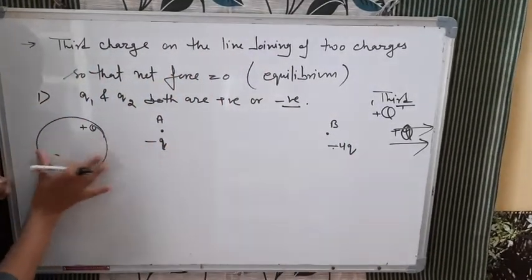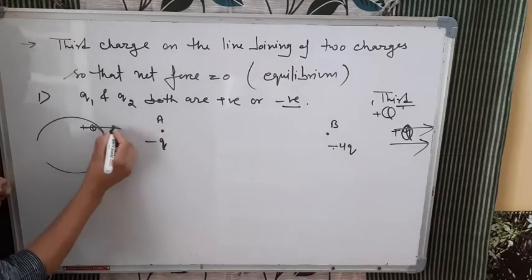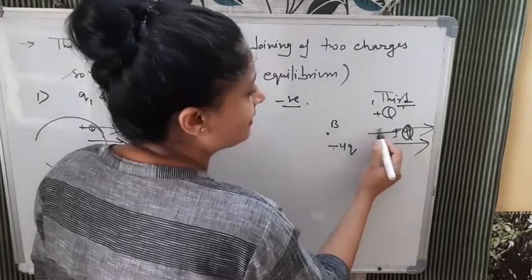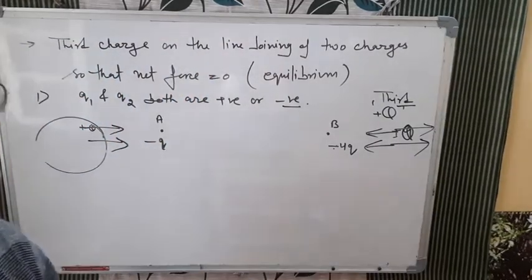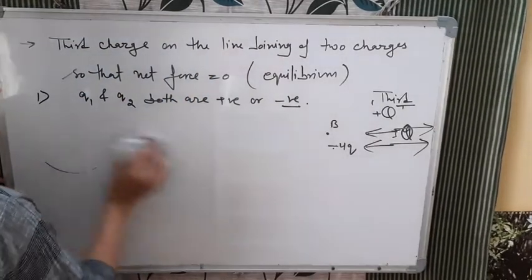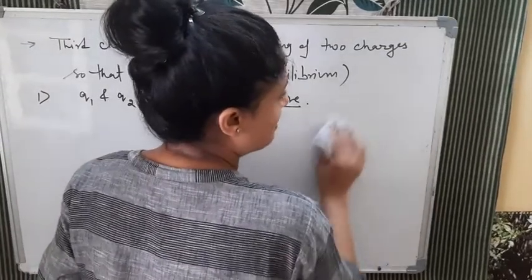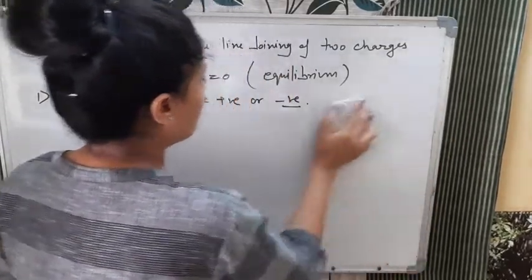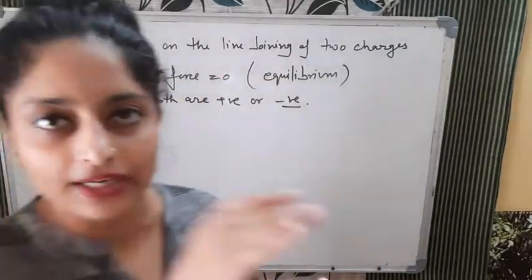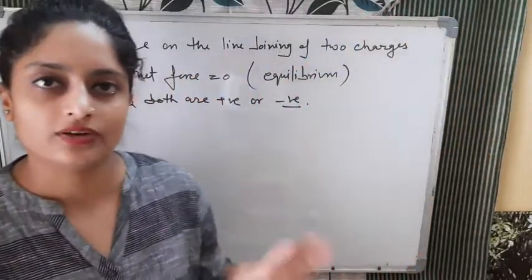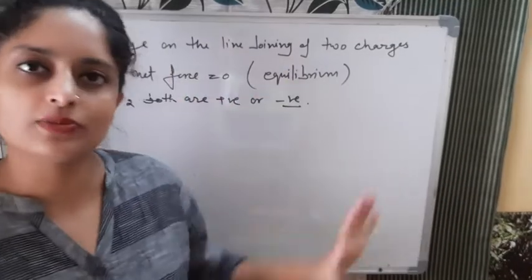If I take this plus q here, both will attract this side. In that case also the net force will not be 0. So the thing you need to remember is: when the two charges are of the same kind, either positive or negative, you will take the third charge always in between, on their line joining. Okay, not on the side, it will be somewhere in between.